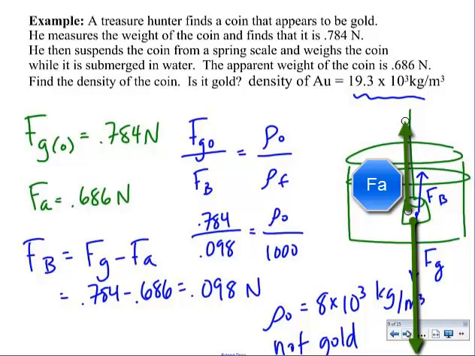The scale is pulling up also. That's FA. And both of those forces together, FB, the buoyant force caused by the water, and FA, the apparent force, which is what the scale is providing, when you add them together, must equal the force of gravity. So for an object that is submerged and is denser than water, you will always have 3 forces, 2 up and 1 down.